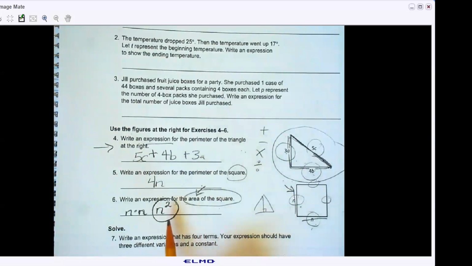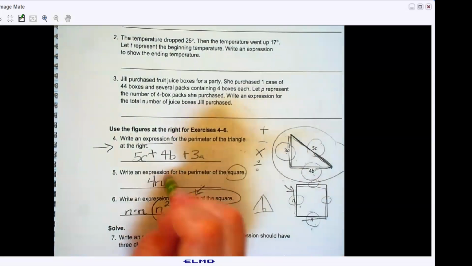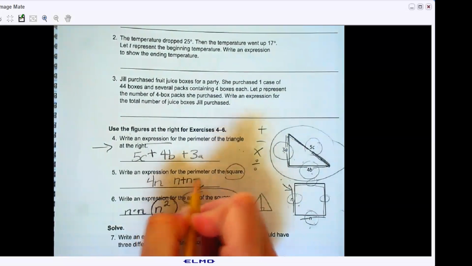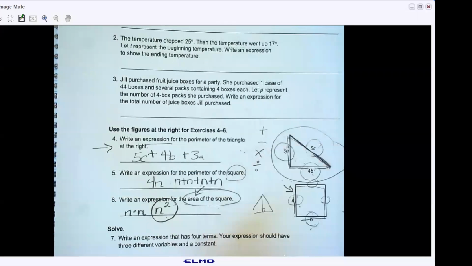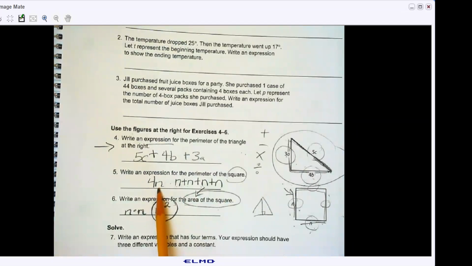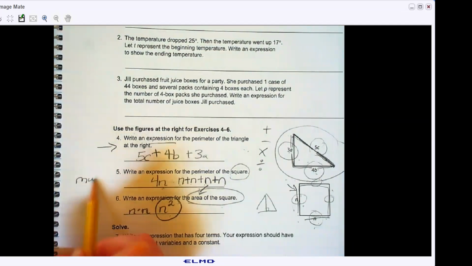There's a difference between n squared and the one up here, because the perimeter here would be n plus n plus n plus n, because I'm adding. N plus n plus n plus n is 4n, because I have 4 of them, right? Multiplication is repeated addition.